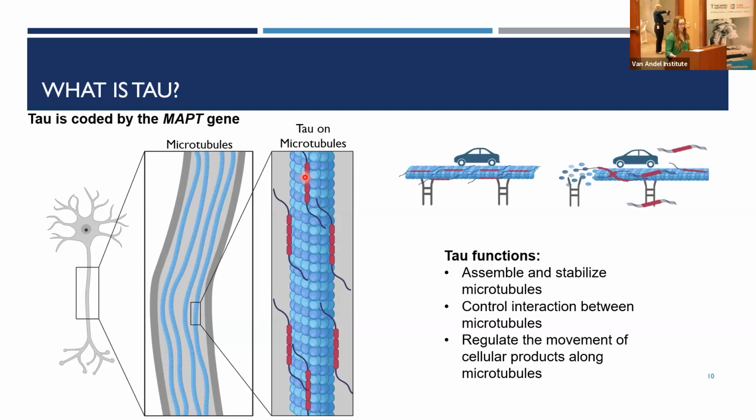We just know it comes off the microtubules, and it can clump up and form those large aggregates similar to what we see with alpha-synuclein. And when the tau falls off, the microtubules lose their stability and can actually degrade. So we're losing the structure of the cell, and we're losing the ability to move different cell components from one end to the other. And this can make the neuron very unhealthy and can contribute to cell death.